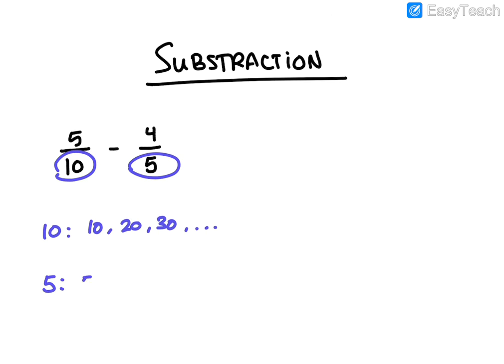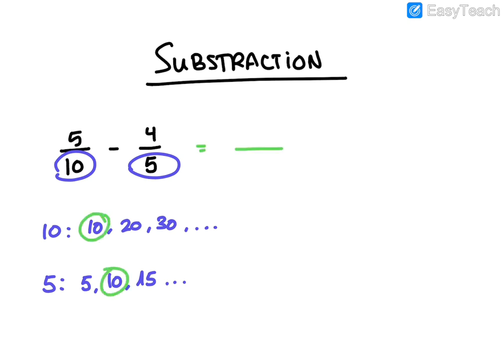And in the case of 5 it is 5, 10, 15, and so on. I think that you can understand this, but if not, tell me, Sergio, we do not understand this, okay? And I will explain it again. So as you can see here, the least common multiple is 10, again.